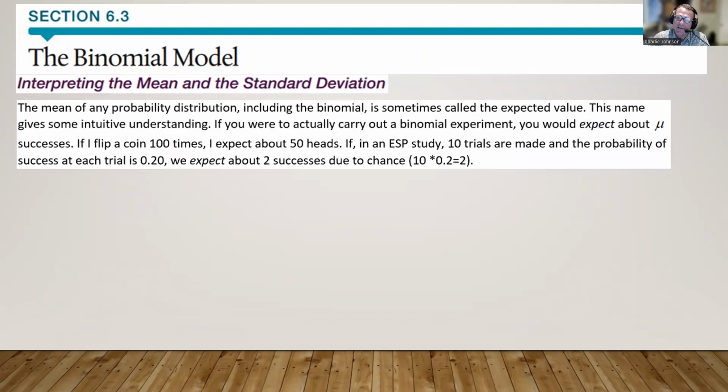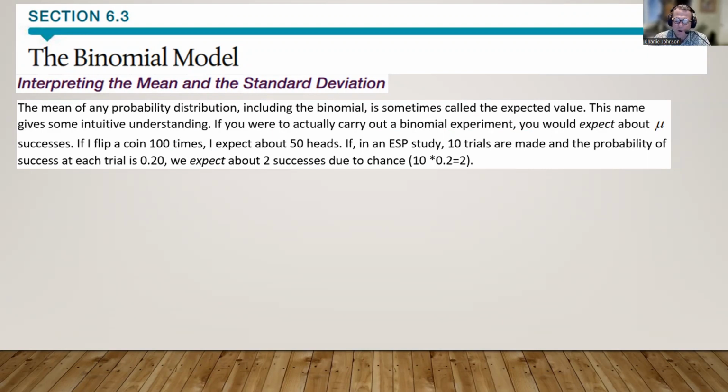The mean of any probability distribution, including the binomial, is sometimes called the expected value. This name gives some intuitive understanding. If you were actually to carry out a binomial experiment, you would expect about mu successes, the mean.